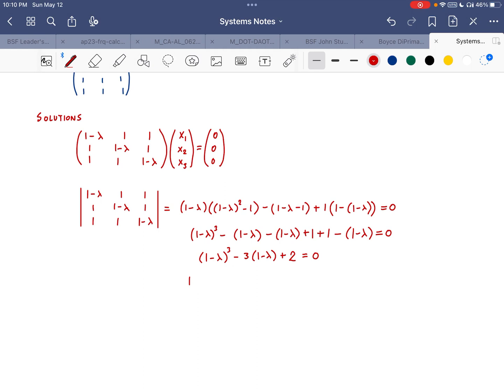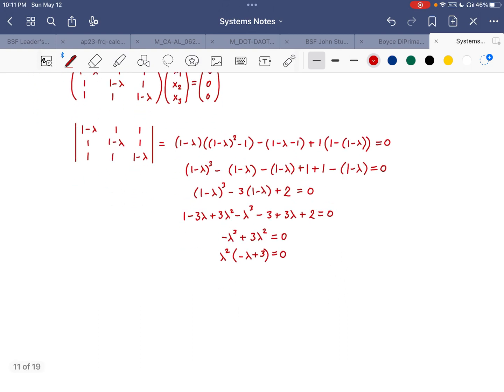So that's 1, using binomial expansion, minus 3 lambda plus 3 lambda squared minus lambda cubed, minus 3 plus 3 lambda plus 2. And as I'm writing this, I'm noticing that the 1 and 2 cancel out with that negative 3, and that negative 3 lambda cancels out with that 3 lambda, so that we get simply negative lambda cubed plus 3 lambda squared equals 0, which factors nicely as that.